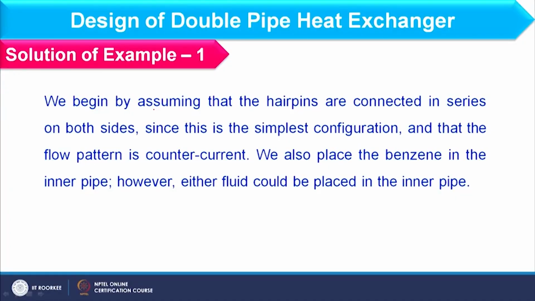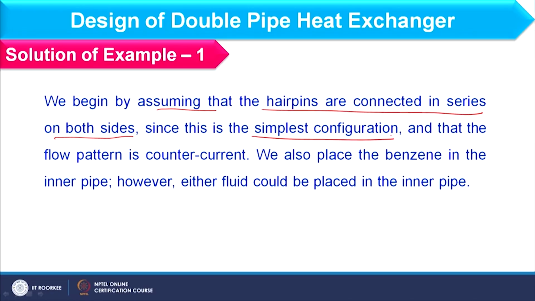So, let us start the solution of this problem. Here we start with an assumption that the hairpins are connected in series on both sides, the simplest configuration. What we have to find in this problem is the number of hairpins as well as the configuration.